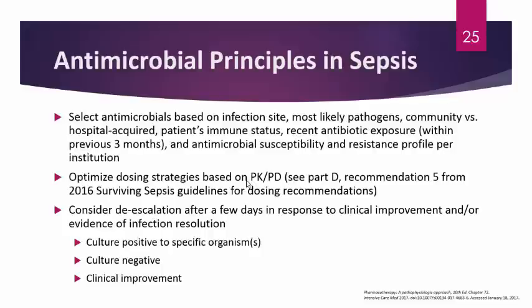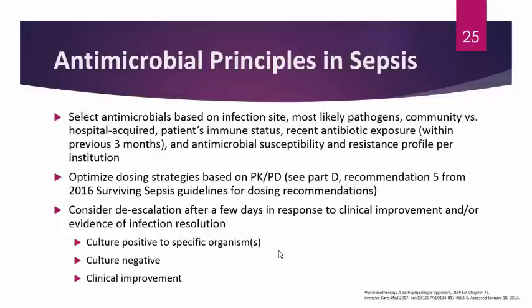And then also consider de-escalation after a few days in response to clinical improvement and or evidence of infection resolution. So say, for example, if you have a patient who has a culture that's positive to specific organisms and you have specific susceptibilities to specific antibiotics, you may de-escalate a broad antibiotic to a more narrow antibiotic.